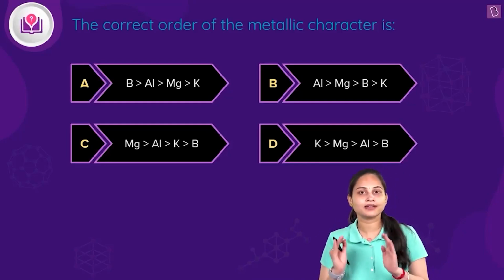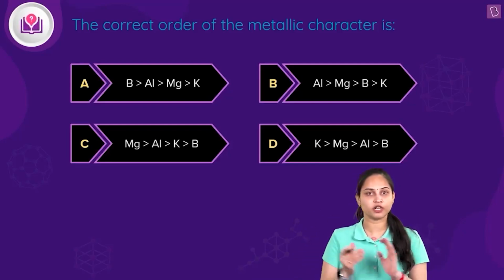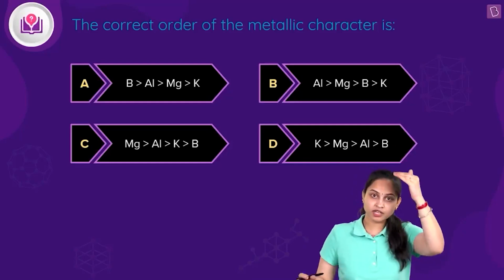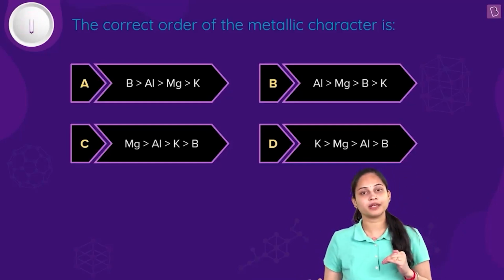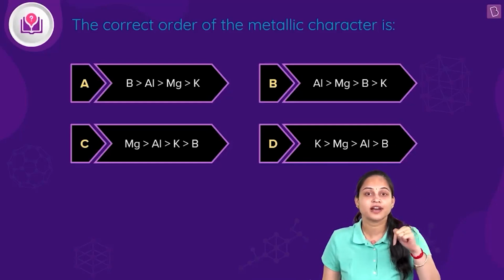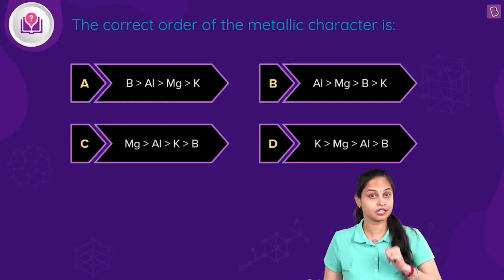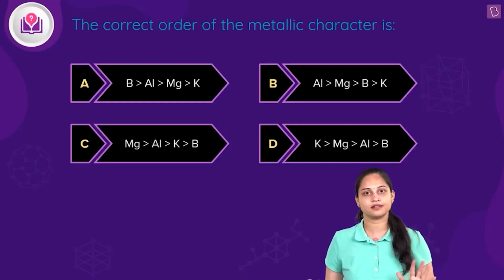That means metallic character decreases when moving from left to right in the periodic table. But when we are moving down the group, ionization energy decreases. It means electropositive character is increasing, the tendency to form cations increases, and metallic character increases.